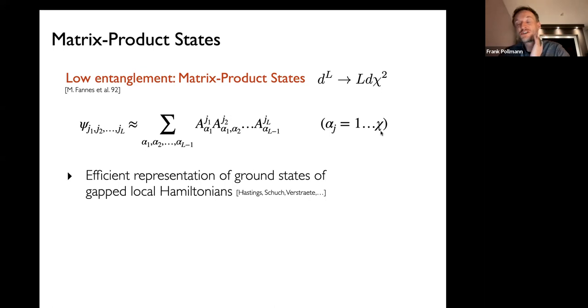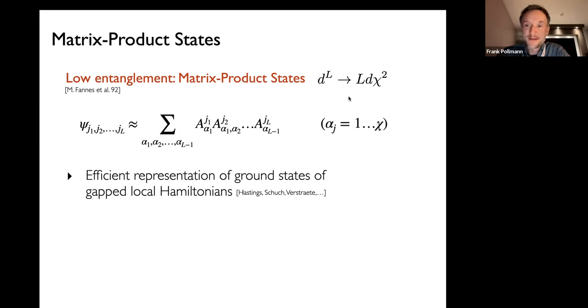For a general state, if you take the most generic state for a given system, the value of chi will increase exponentially with the system size. But the hope, and there is good reason, and you can even prove it, is that if the state you are looking at has only little many-body entanglement, then you get away with a fairly small bond dimension chi.